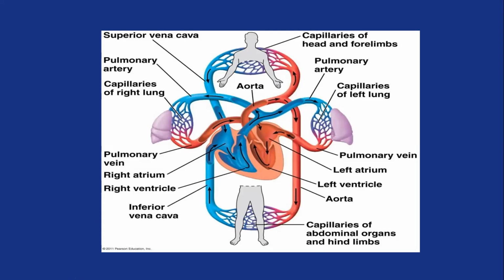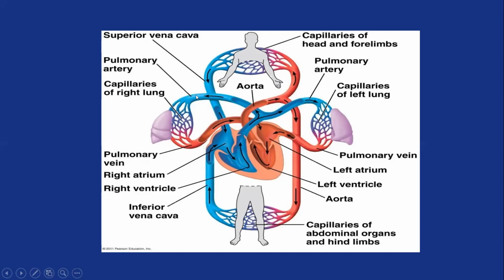After that, what happens? The deoxygenated blood goes to the right atrium first. Then, through the tricuspid valve, it moves to the right ventricle. From the right ventricle, through the pulmonary artery, it goes to the right and left lungs.